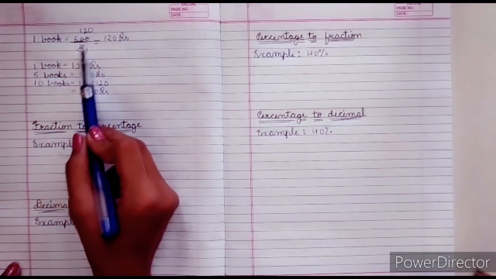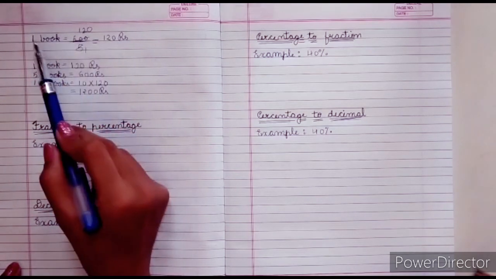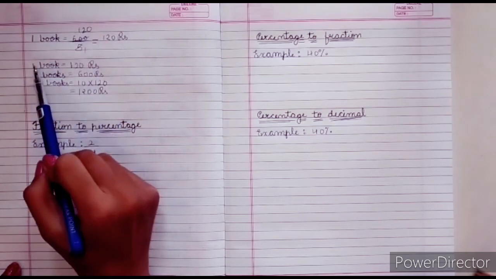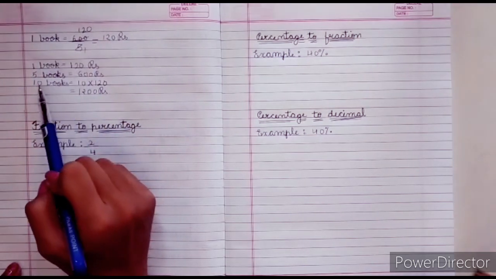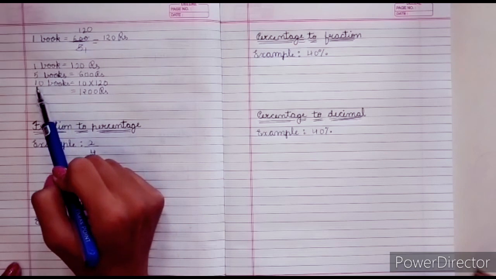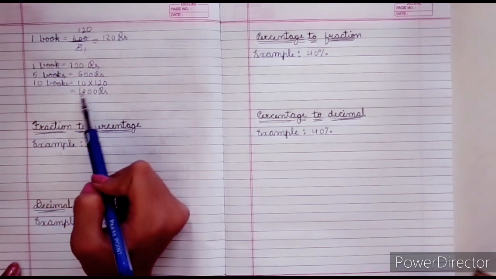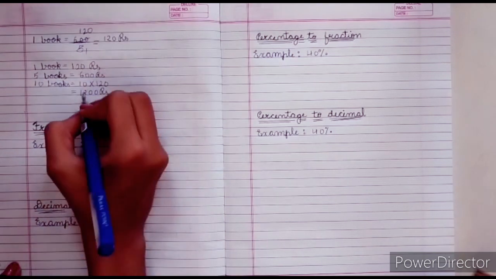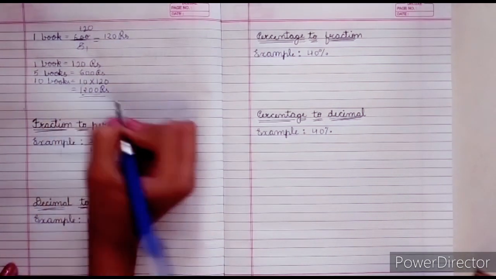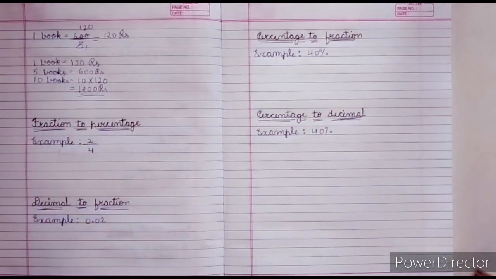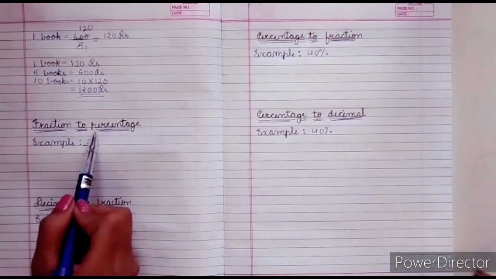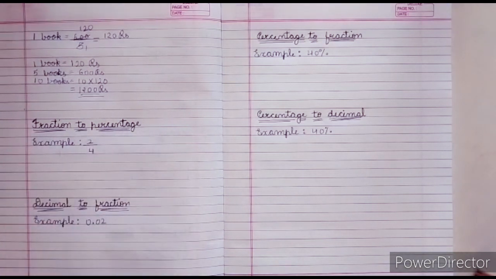So first we find the cost of one book by 600 upon 5, and then we multiply the cost of one book and 10 books. So we will get the cost of 10 books. So our answer is 1200 rupees.